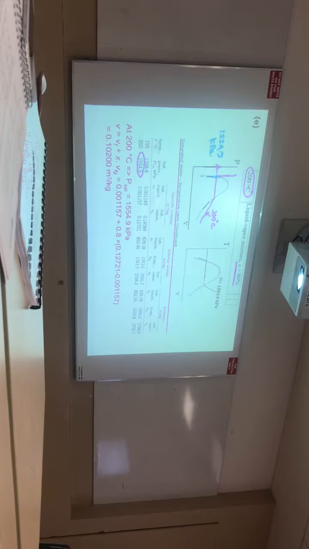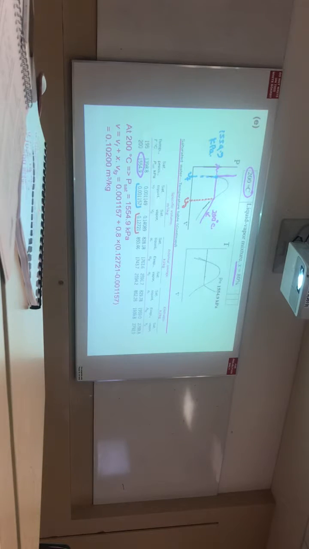So this indicates Vf. Vf is equivalent to this value, 0.001157, and Vg, I use a different color so that you understand. This is Vg. Vg is 0.12721 cubic meter per kilogram.